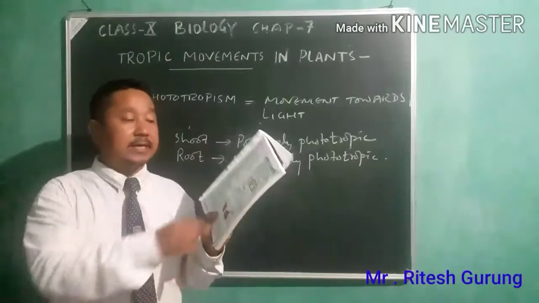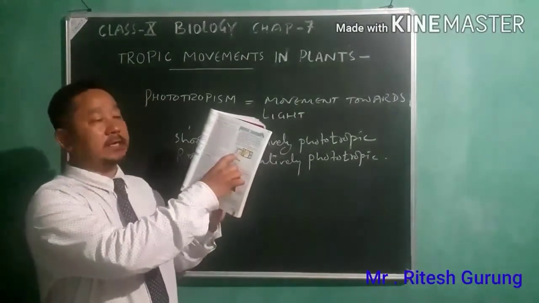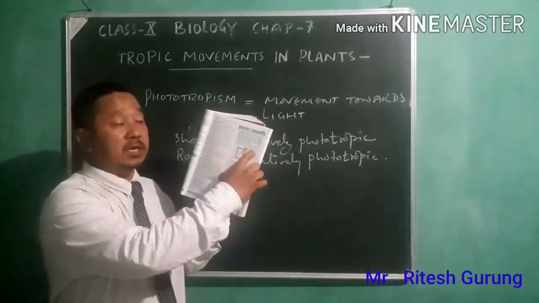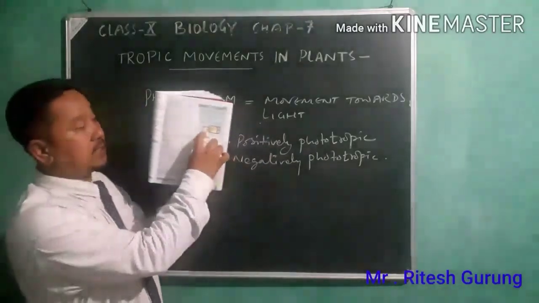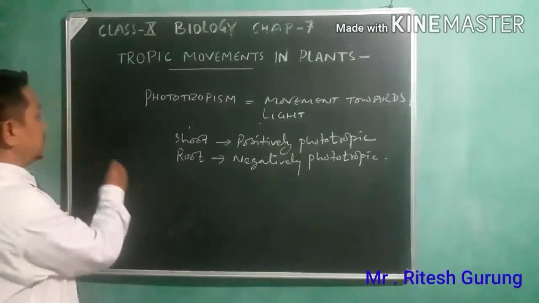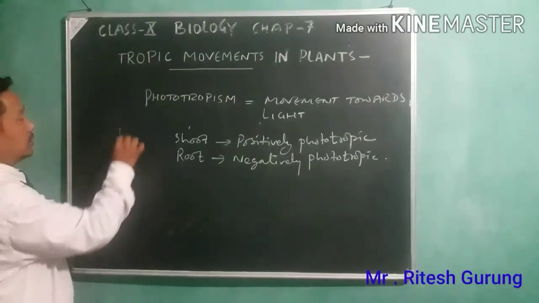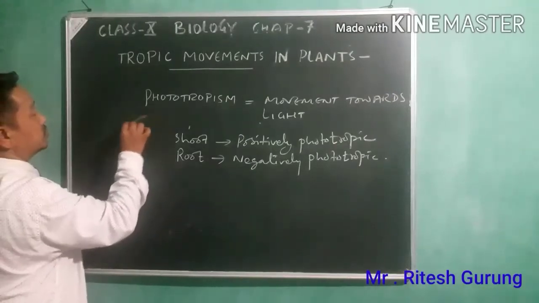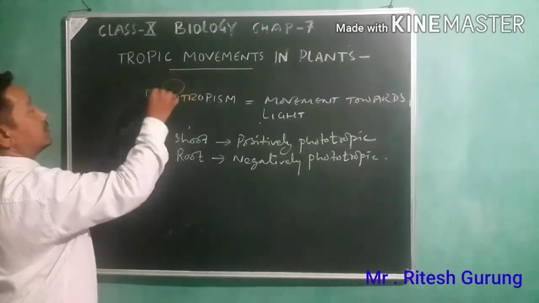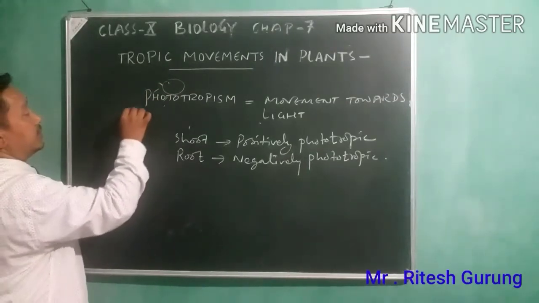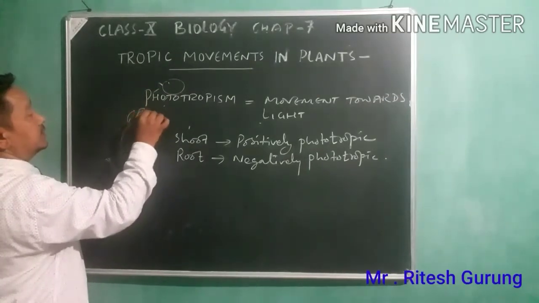Okay, by getting accumulated in the region of the shoot which is not facing the light. Suppose this is a potted plant out here, and the source of light is here. You see the plant bending towards the source of light like this.